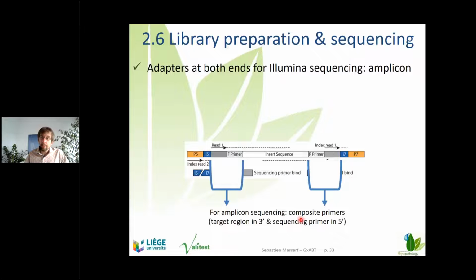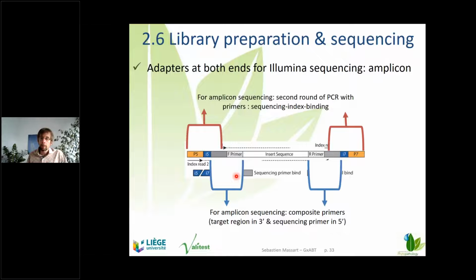What is important is that I call them composite primers, because you will order a primer that has in the 5' end what is called the sequencing primer binding site, and on the 3' end you have the primer. This means that your PCR product will already be a sequence from your target plus an adapter corresponding to the sequencing primer. And what is done next for amplicon sequencing?